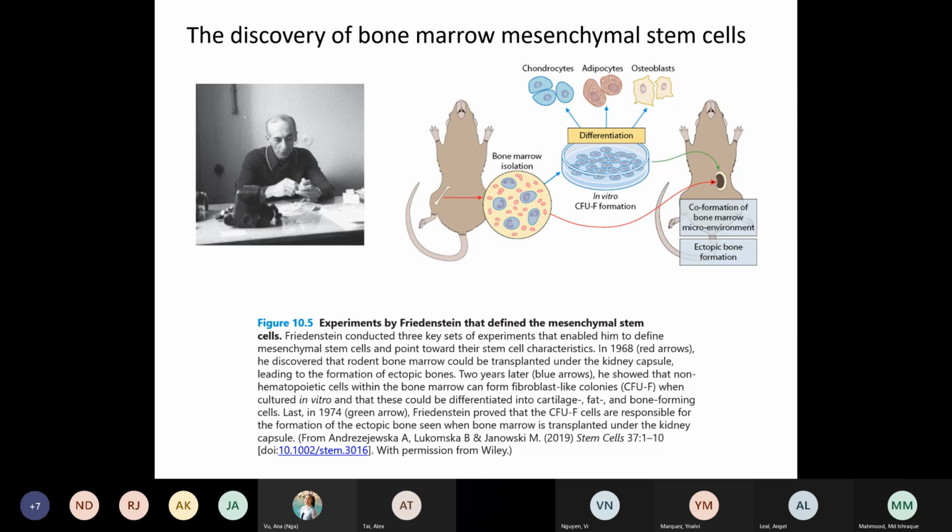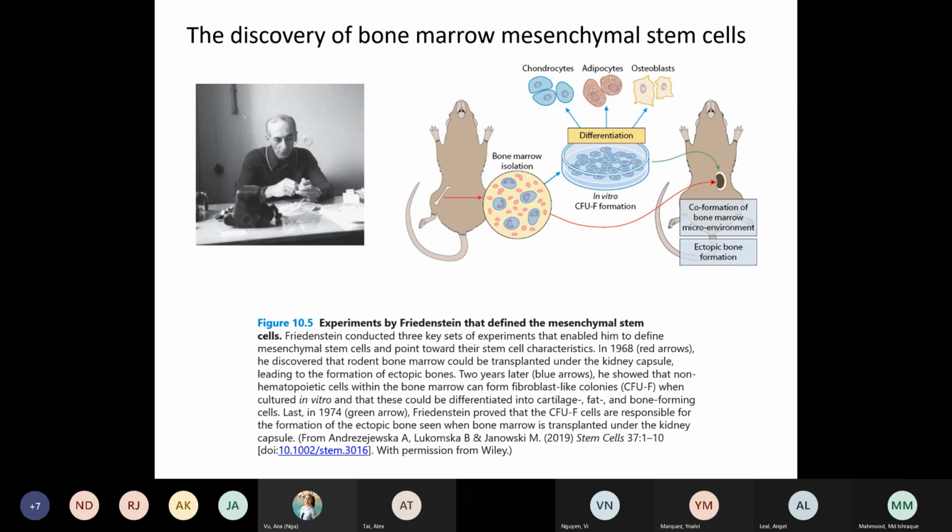The hematopoietic cells give rise to lineages within the hematopoietic system. Now you have additional cells, very abundant, that attach to the culture surface. And then he even found that those cells are clonogenic. Those cells can form individual clones from a single cell.